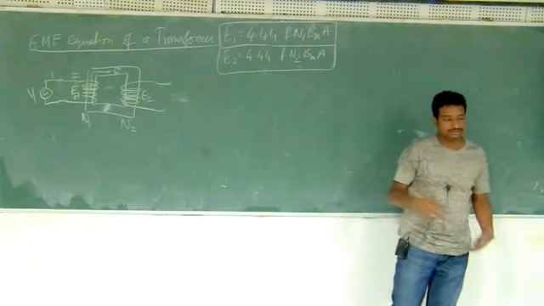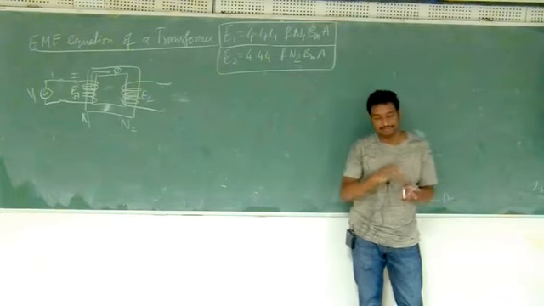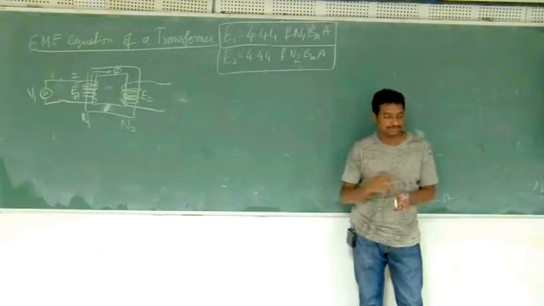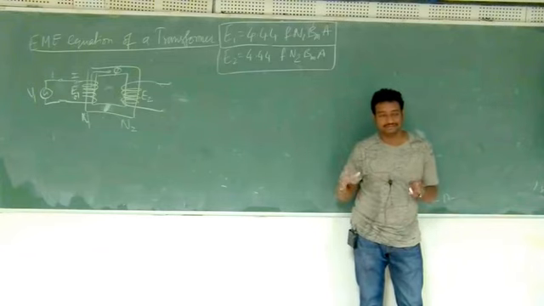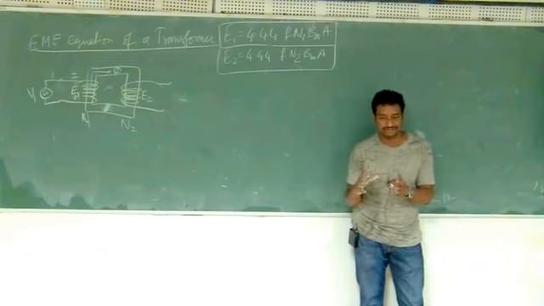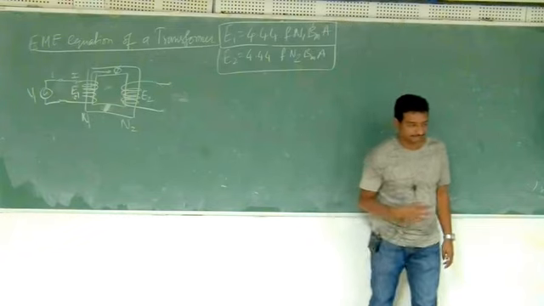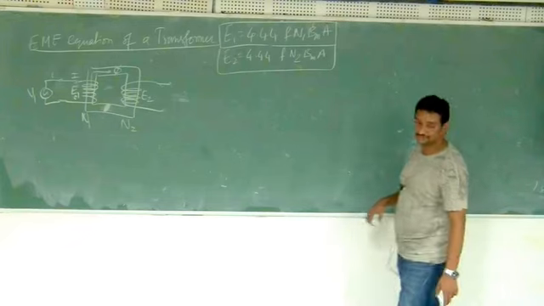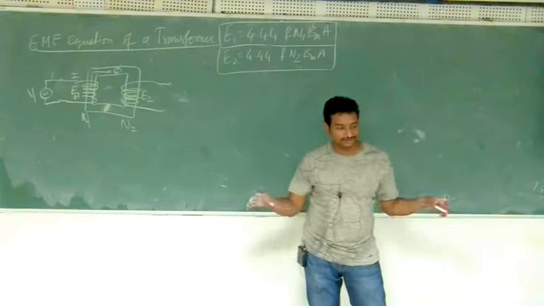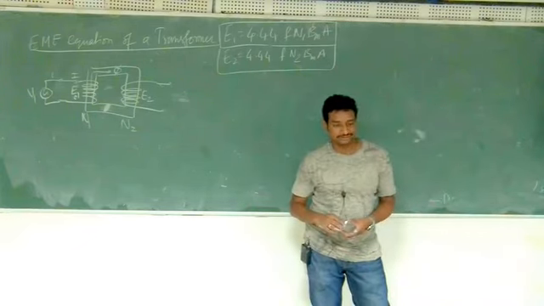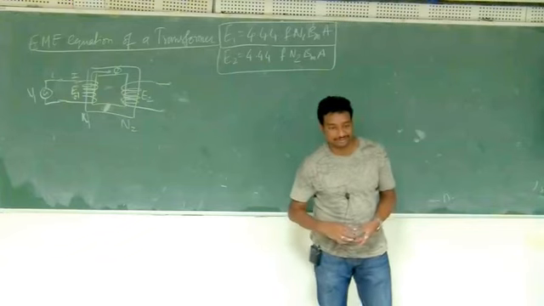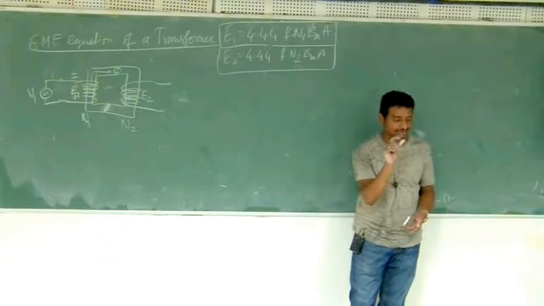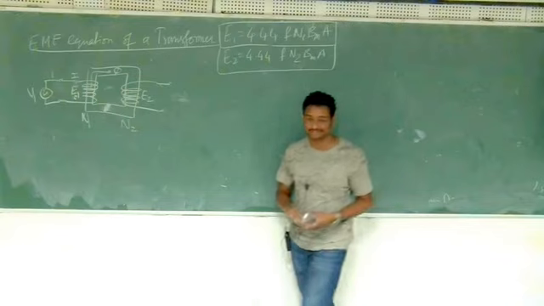So for the same amount of step up, step down, a high frequency transformer will be smaller in size compared to the normal frequency transformer. That's why in electronic equipment, you will find small transformers on your electronic boards. Because they use high frequency, the transformers are smaller.